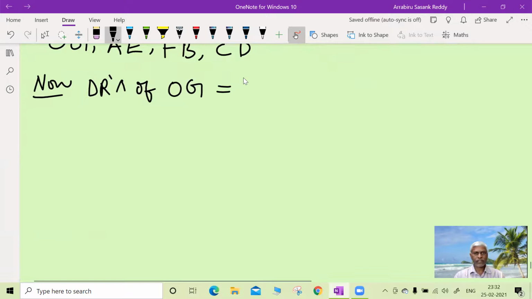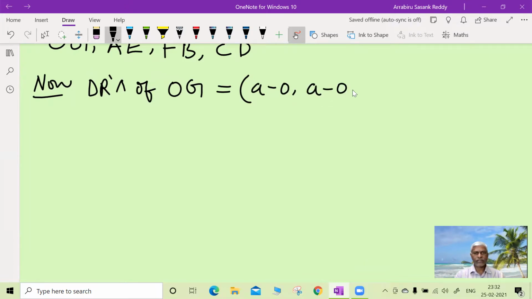That is a, a, a are the direction ratios of the first diagonal OG.